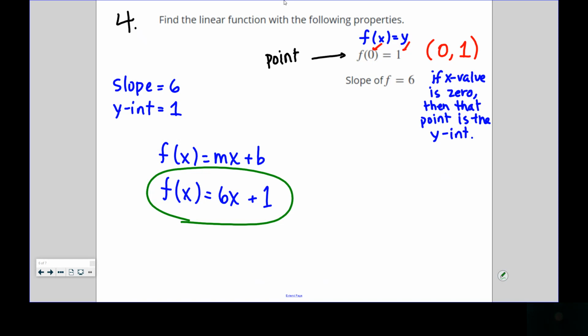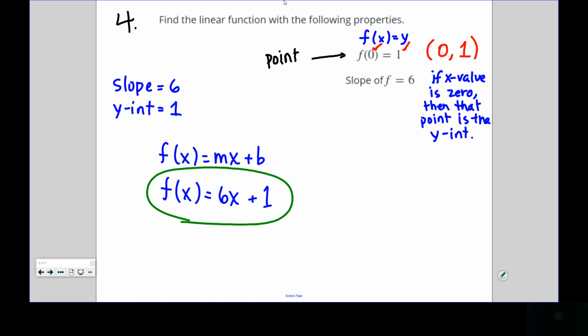So you had 0, 1 was x1, y1. You would just plug in 6 for the slope, 0 for x1, 1 for y1, and then you have to simplify. So it's not a lot of work, but it's easier if you can just identify that that's the y-intercept.